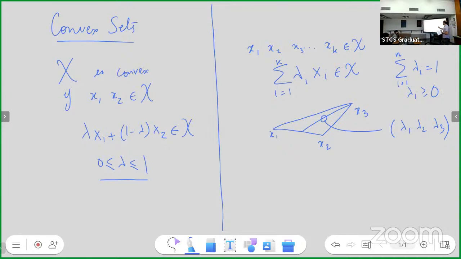You're trying to say there exists a point A such that the line, or the extended line, connecting x3 and the point lambda1, lambda2, lambda3 passes through A.